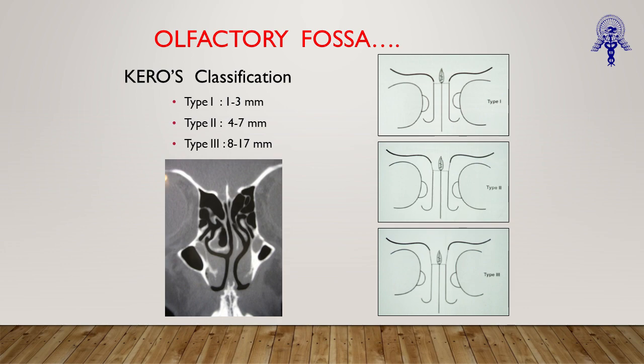Now if you have an olfactory fossa which is type 1, which is 1 to 3 millimeter depth here, when you are working in the ethmoid, you are working in an ethmoid where most of the roof is frontal bone, very thick. So your chance of penetrating into the skull base is very rare.